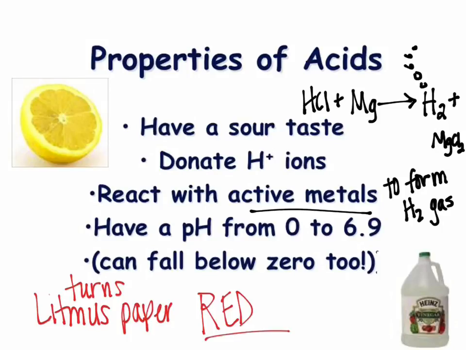If I put red litmus paper into an acid, it stays red. If I take blue litmus paper and put it in an acid, it turns red. So acid, red. Okay? Questions on that?